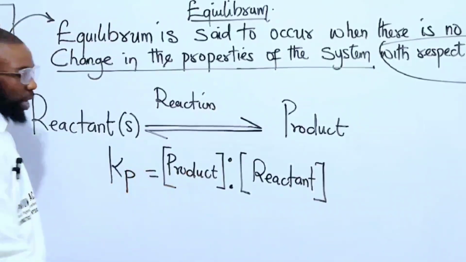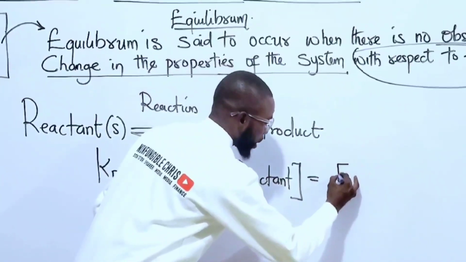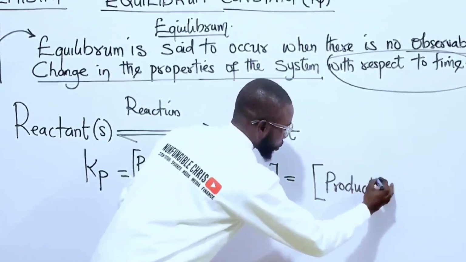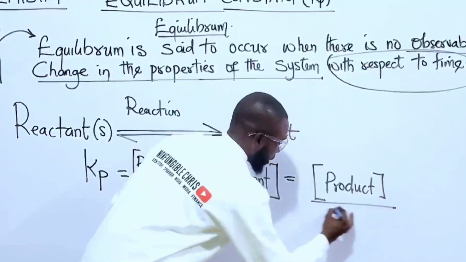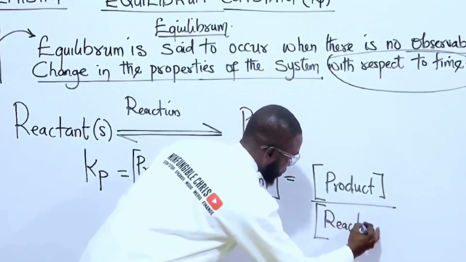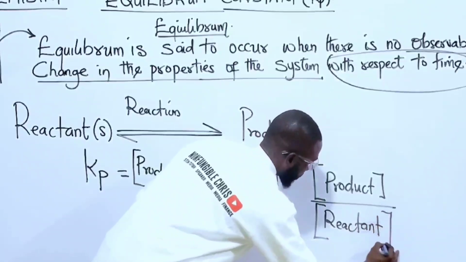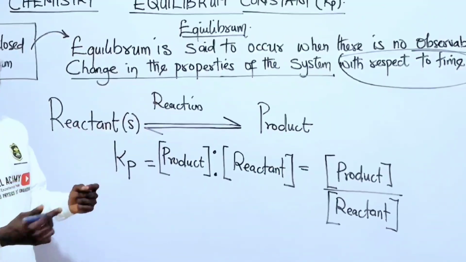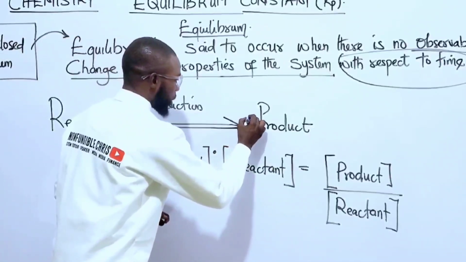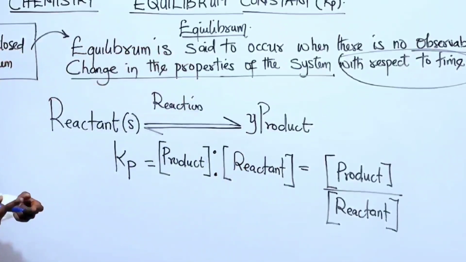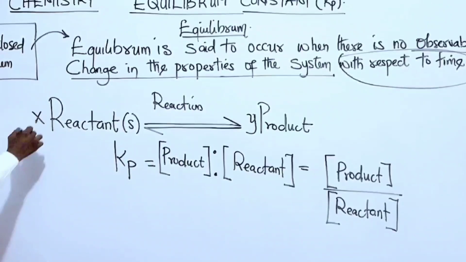If we take this further, it simply means the concentration of product over the concentration of what? Of reactant. But then let's assume that the product has a coefficient of small letter y, and our reactant has a coefficient of small letter x.